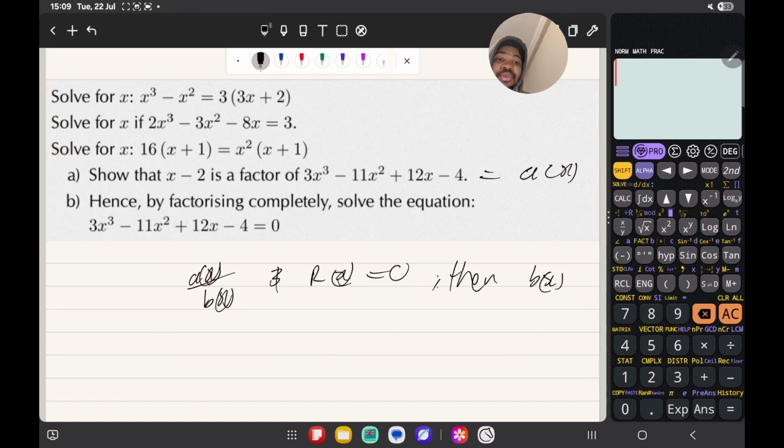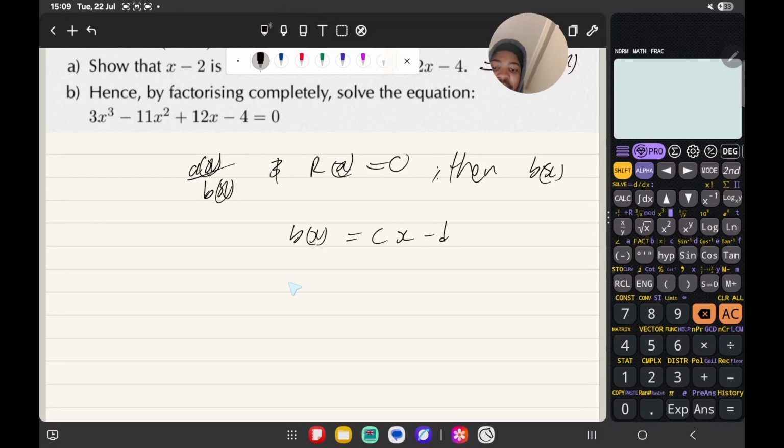Another better way of saying it is that if you have a of x, and then you have b of x, which is cx minus d, then you find out that cx minus d equals 0, then x is therefore equal to d over c, right?